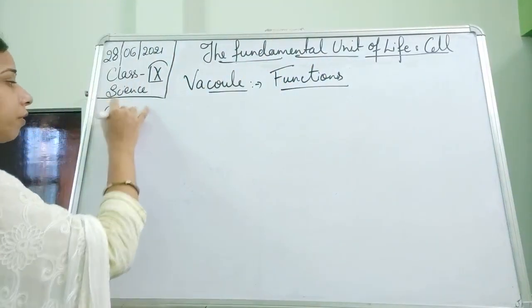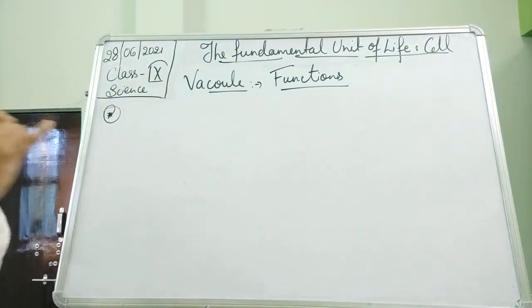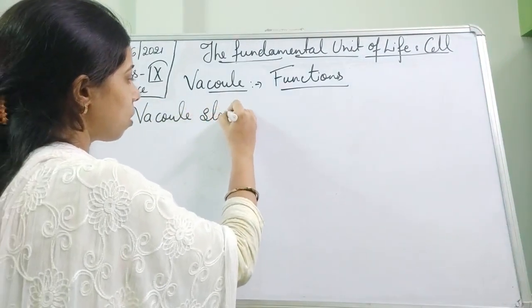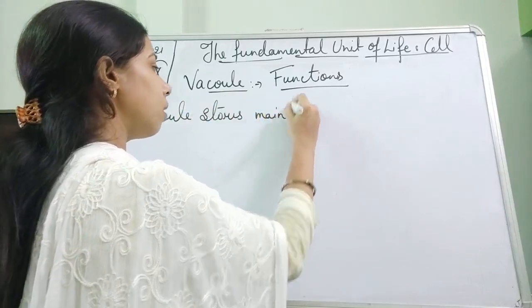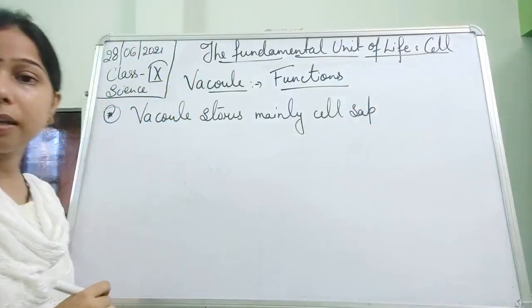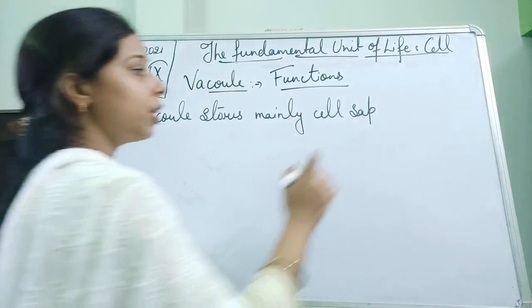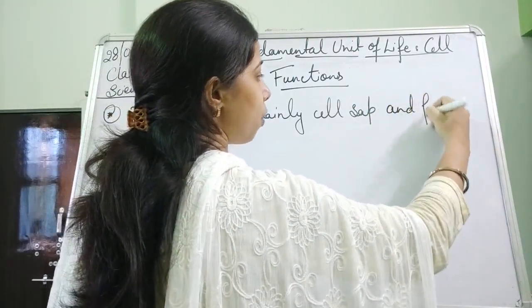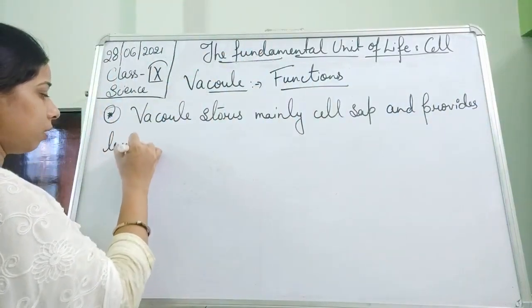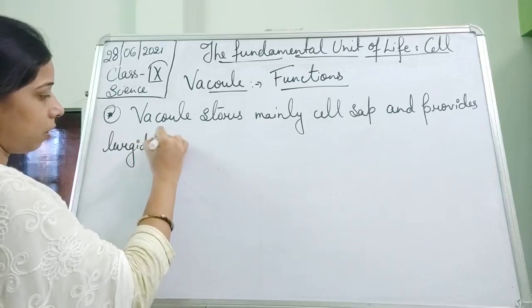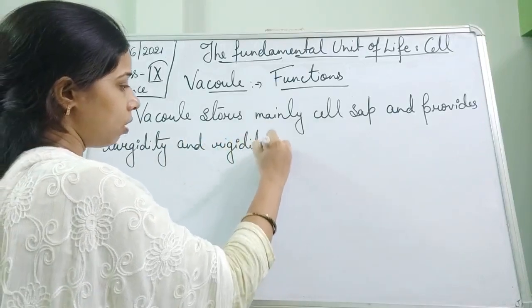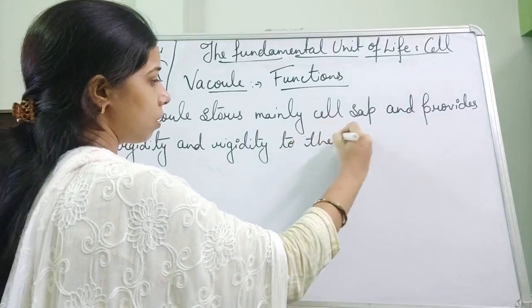The first function of the vacuole is that it stores mainly cell sap, and provides turgidity and rigidity to the cell.